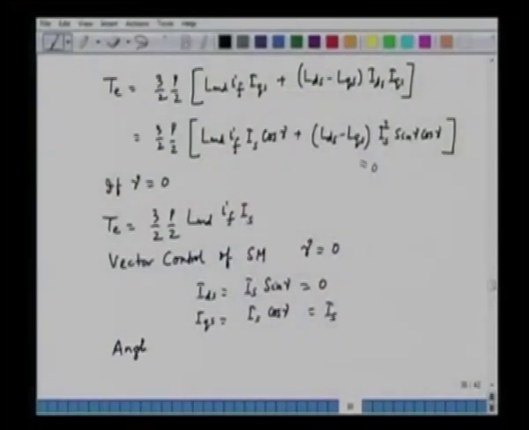So, angle control is when gamma is not 0. If we operate the motor under any other condition for which gamma is non-zero, that is called angle control of synchronous motor, because for that the dynamics is not as fast as what we have in case of a vector control drive.